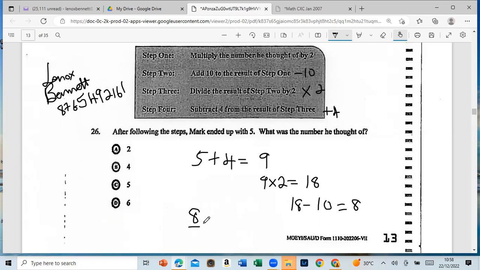I do everything that you said. You say add 4, 5 plus 4 is 9. You say times by 2, I get 18. Oh, divide. All right, let me just divide this by 2. And what's the answer? 4. Very good. It is correct.